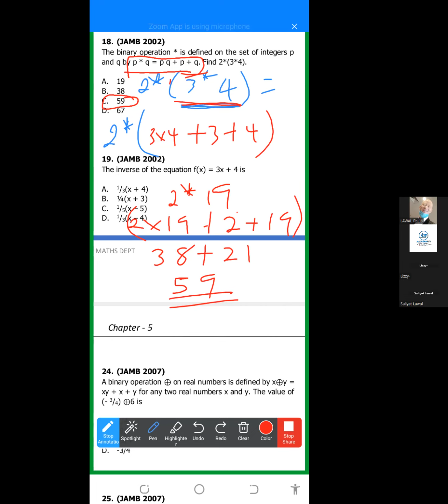All right. So we have as many questions as possible that we can work on. We can see 2002, another question. It's more or less like in the early 2000s.